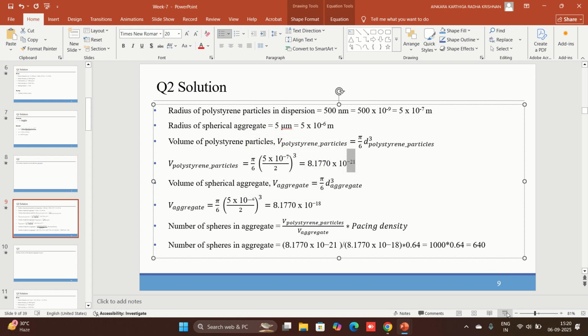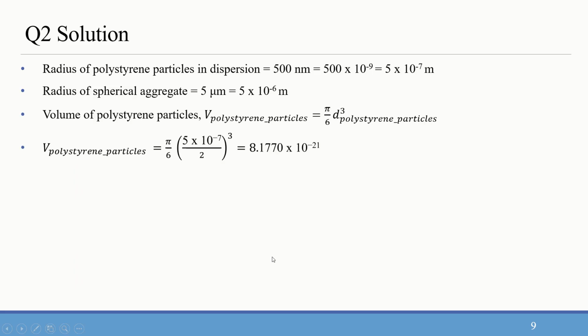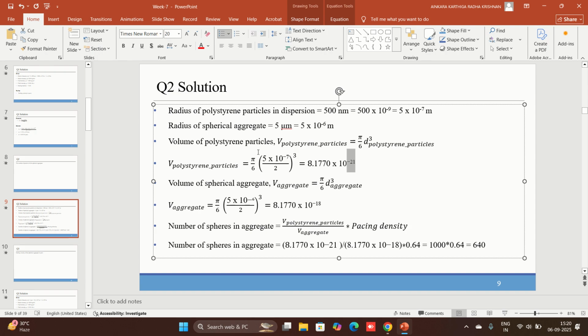So the volume of polystyrene particles, as I mentioned, is pi by 6 dp cube.